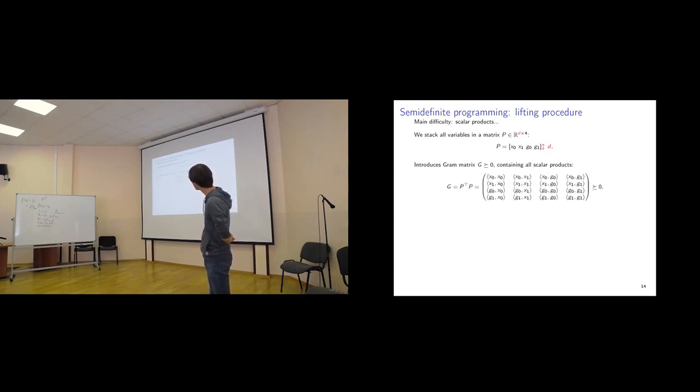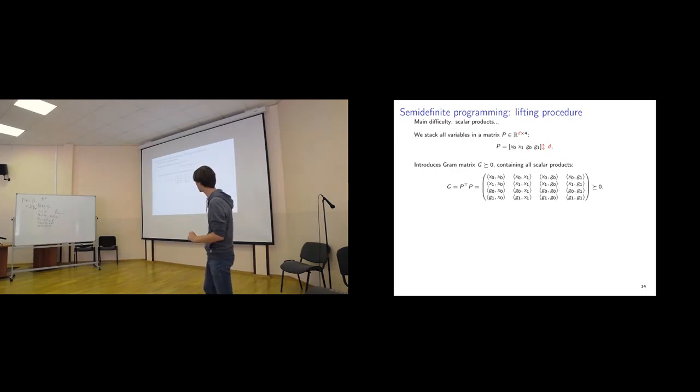So what I will do is introduce what we call the Gram matrix, a matrix which contains essentially all scalar products. I call it G, and you can obtain it just by doing P transpose P, with P being this matrix. Okay? And now the previous problem is linear in terms of the entries of this matrix. Okay? But we lost something.